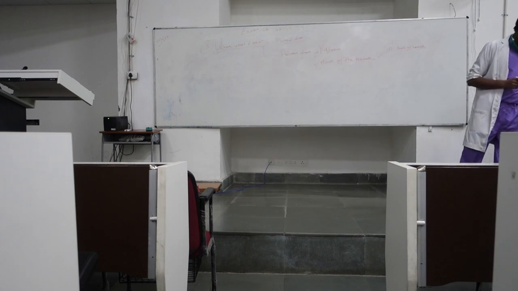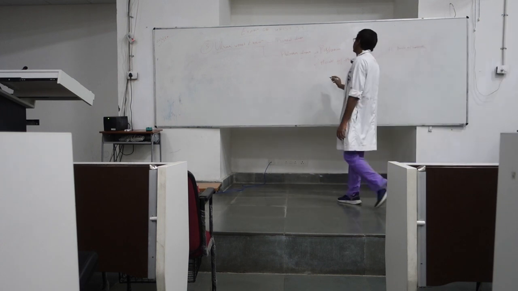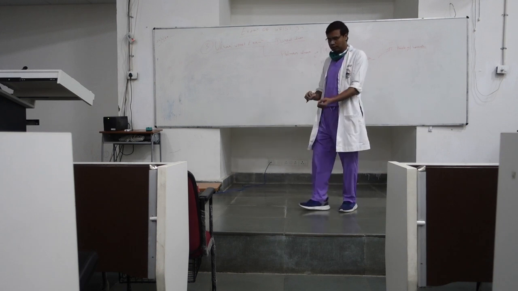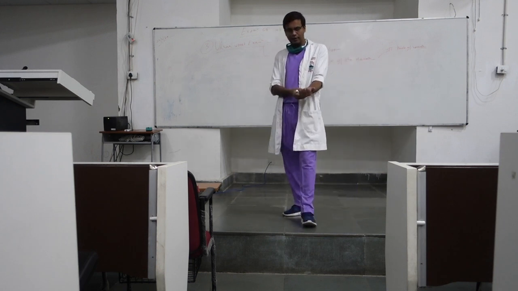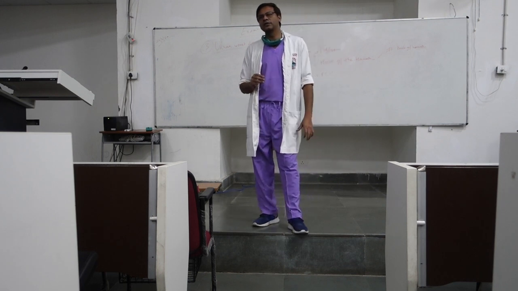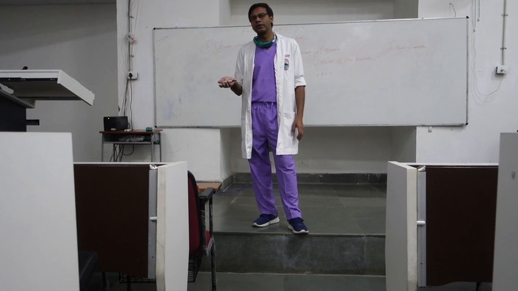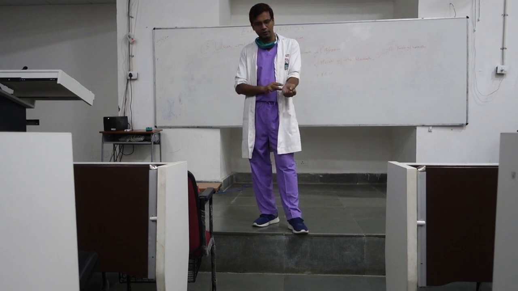And the last structure here is the FCU, that is flexor carpi ulnaris. So again, you can palpate. Actually, flexor carpi ulnaris is more muscular than tendinous. Okay, it is a very bulky muscle, FCU muscle, very strong and bulky.